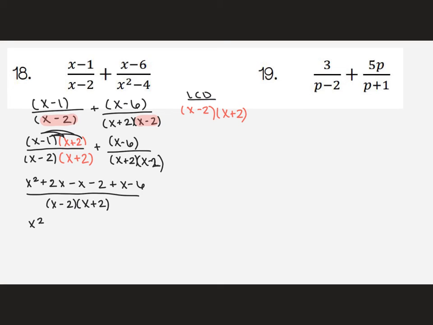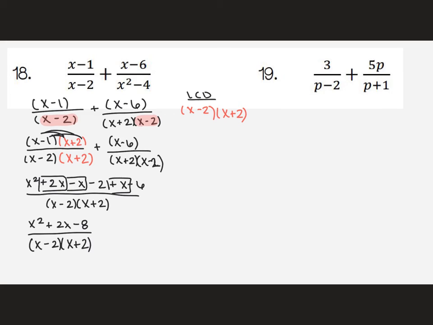Combining my like terms, I have x squared. I have plus 2x minus x plus x, so that's plus 2x. Negative 2 minus 6 is negative 8. All over x minus 2, x plus 2.